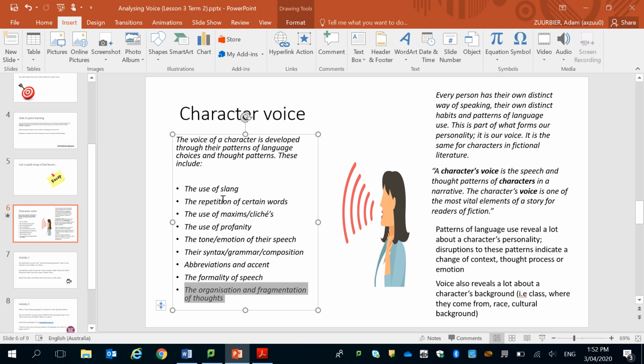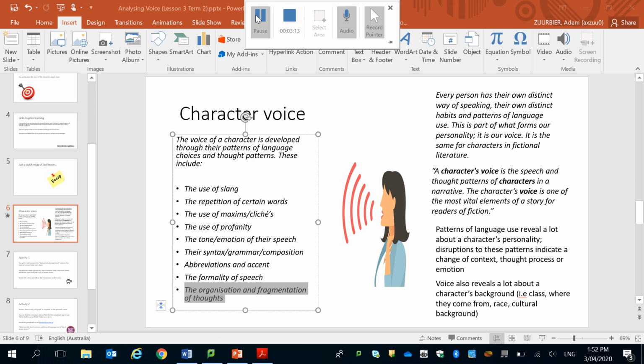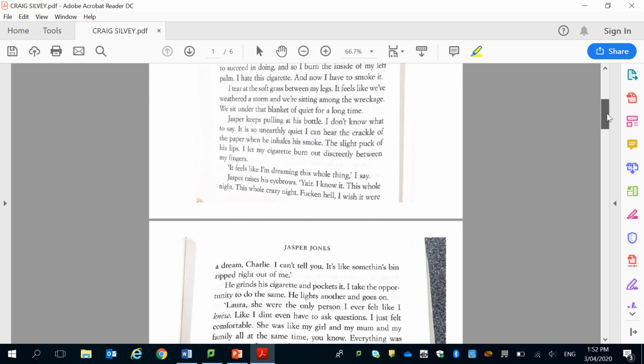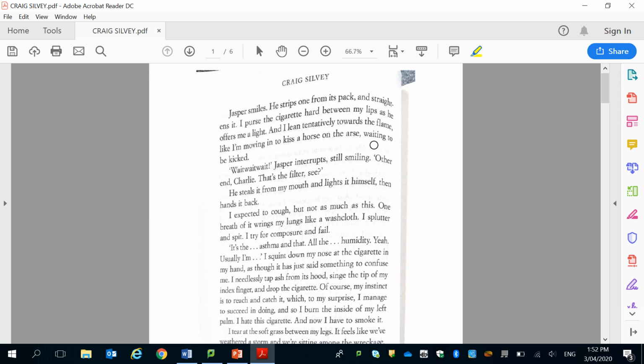So what I need you to do is to also get a copy of Jasper Jones in front of you, and to do this analysis, we're going to be reading an excerpt from chapter 1, which we've already read some weeks ago, but we're going to be starting on page 42. Now, I have a scanned copy of the book from page 42 here in front of me, okay, but I want you to look on to your book on page 42.